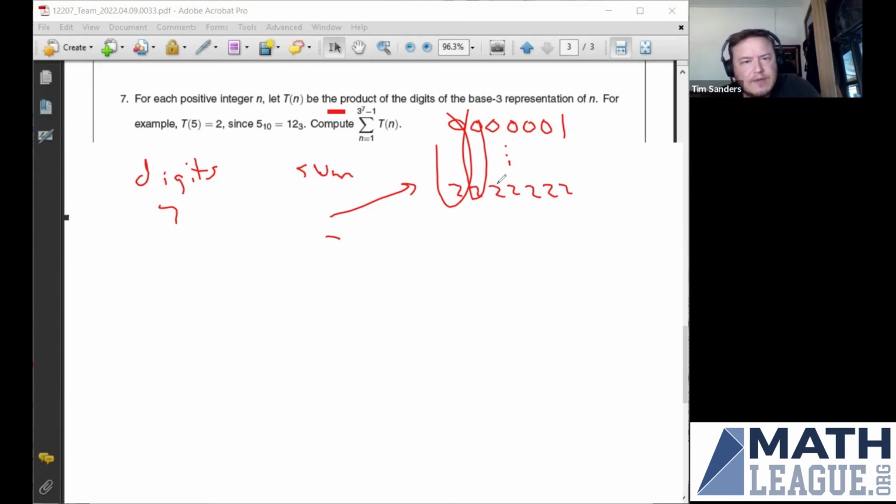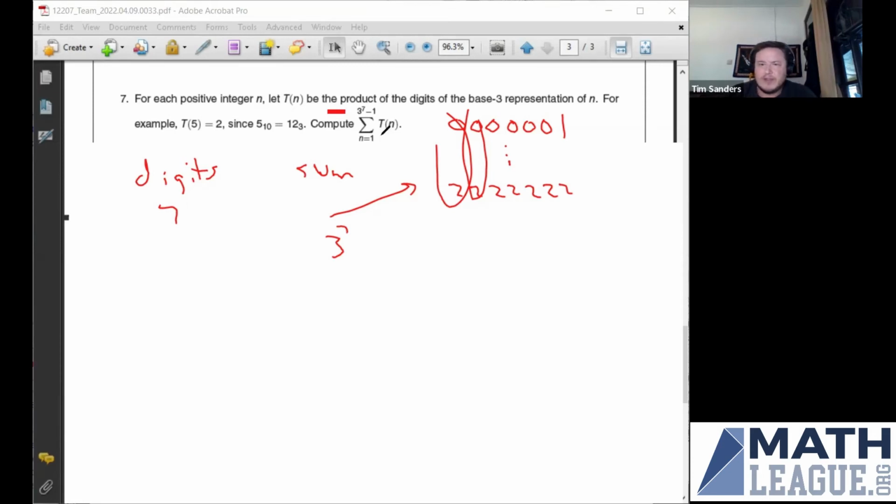So let me just write that down. That's if we take all the possibilities of 0s, 1s, and 2s. We don't have the 7 zeros in a row, because we're starting at n equals 1. If we wanted to be complete and add all 3 to the 7th possibilities, we've got a 0 thrown in there, so I guess we subtract 0 at the end.